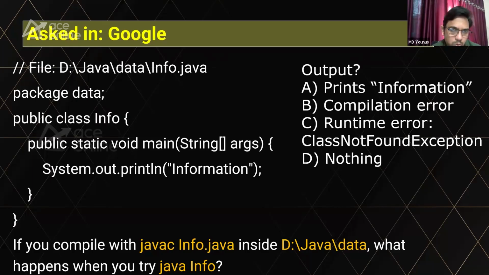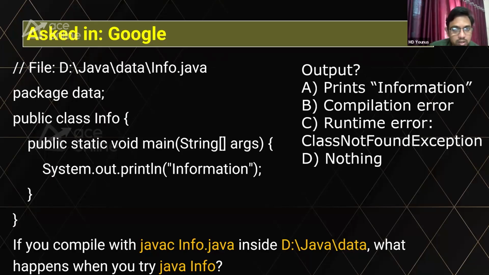Okay. So most of you think it will print info, but we are in java/data now. The class is in the data package, but we are trying to run the class directly.